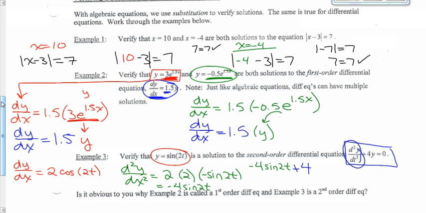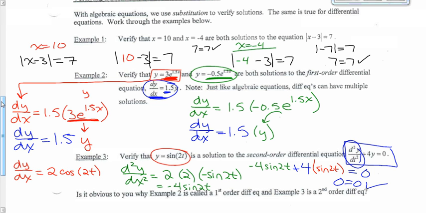Y is what I've circled in red. So that's sine of 2t. And the question is, is that equal to 0? So when you take a look at that, I have a positive 4 sine 2t, I have a negative 4 sine 2t, so 0 is equal to 0. And yes, that verifies that y equals sine of 2t is a solution to my differential equation, the second derivative plus 4y is equal to 0.